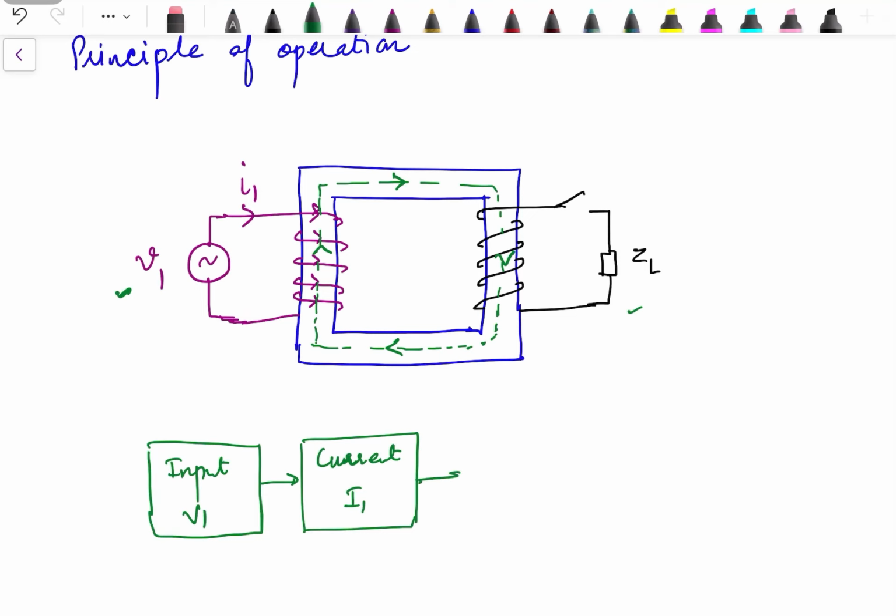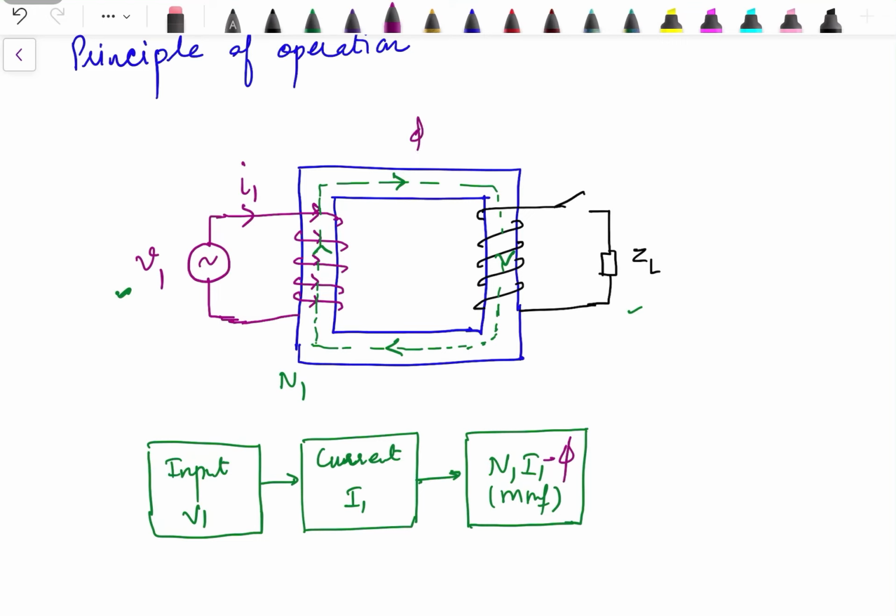Then this I1, which is flowing through the winding having N1 turns, produces an MMF N1 I1, and MMF will lead to flux phi.